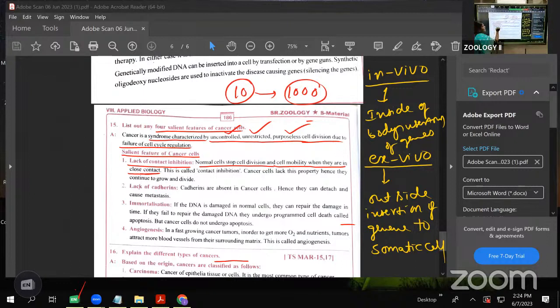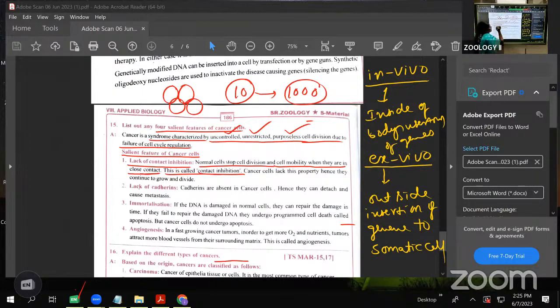This is called contact inhibition. Cancer cells are not like this. For example, this is one cell and this is one cell. The attachment between the cells is tight, so there is no chance of cell division. That is called inhibition.